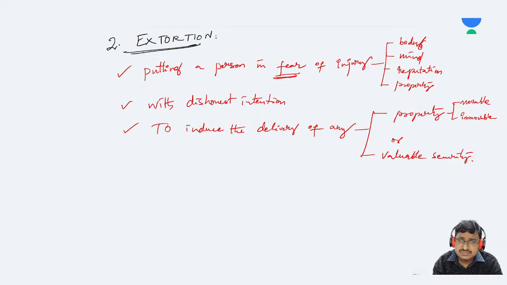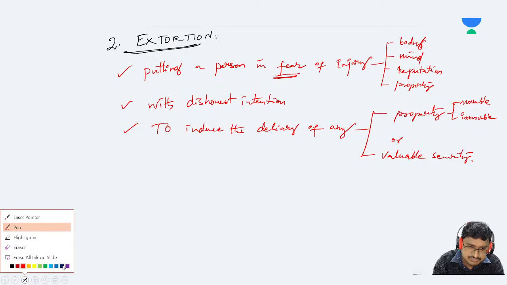Here, the accused has a dishonest intention. He must induce the victim or any other person belonging to the victim to deliver either the movable property or immovable property or the valuable security. It amounts to extortion, friends. Now let us see a few important illustrations.